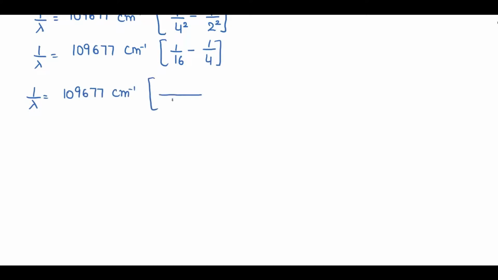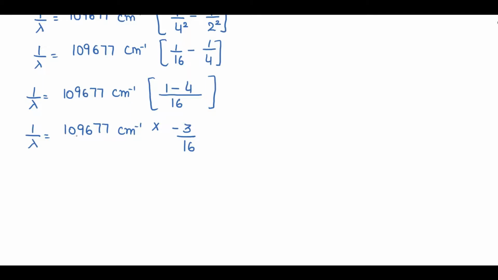Now here I am taking LCM, that is 16. 16 divided by 16 is 1, 1 into 1 is 1. Minus 16 divided by 4 is 4, 4 into 1 is 4. So 1 by lambda equal to 109,677 centimeter inverse, 1 minus 4 will be minus 3 by 16.